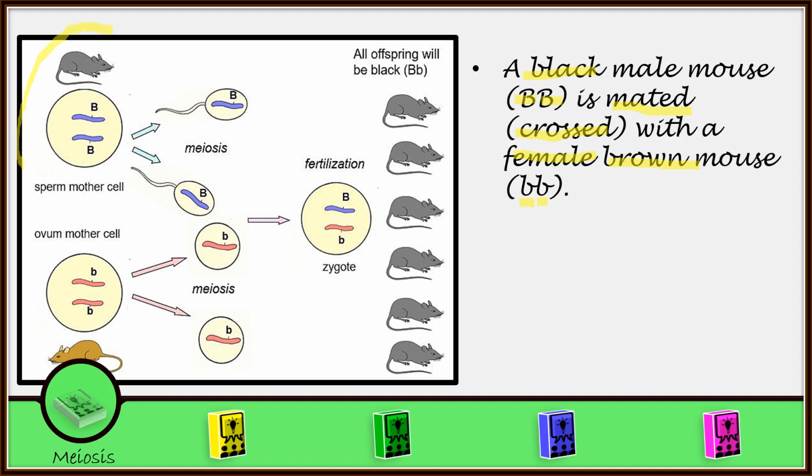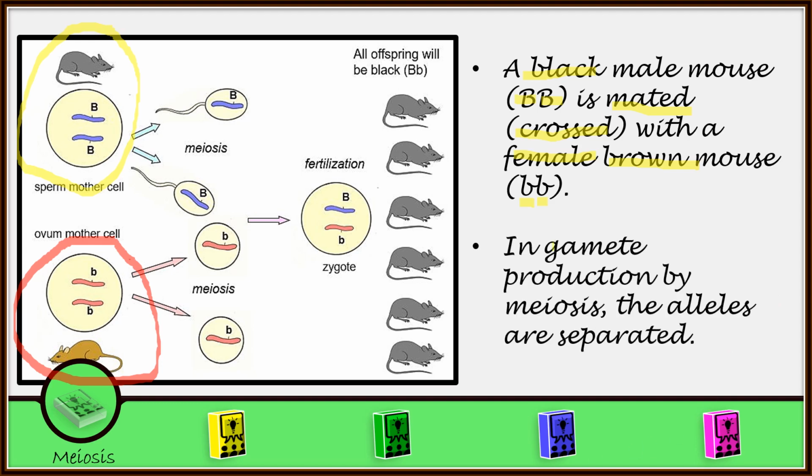If we look at this mouse here, this is our black mouse, and it has two alleles, capital B and capital B. Then down here, we have our brown mouse. And this brown mouse has two alleles, small b and small b, which are for the brown color.